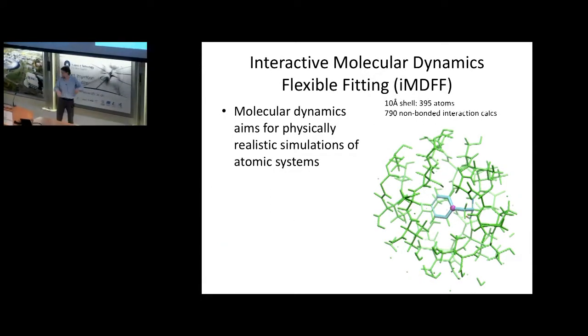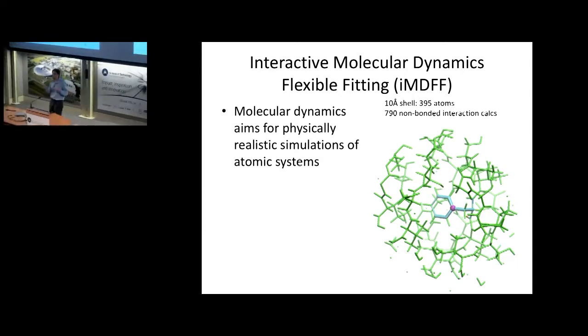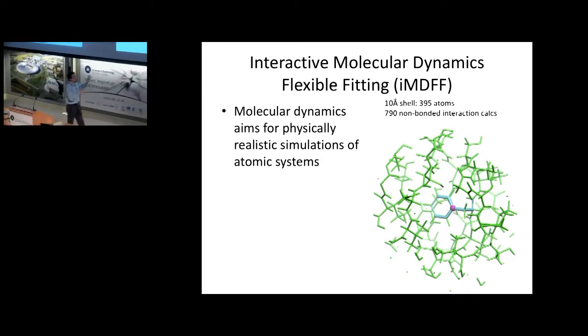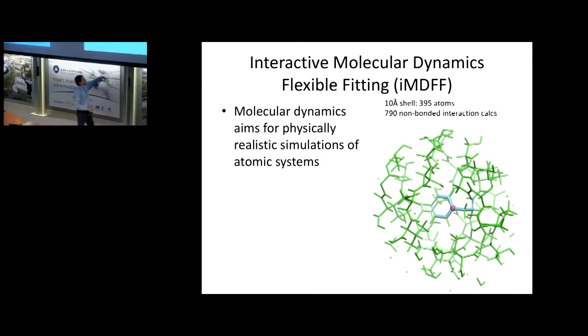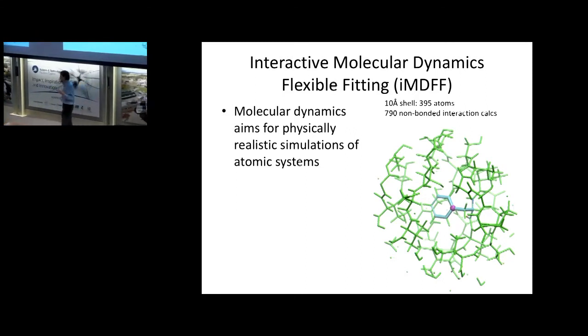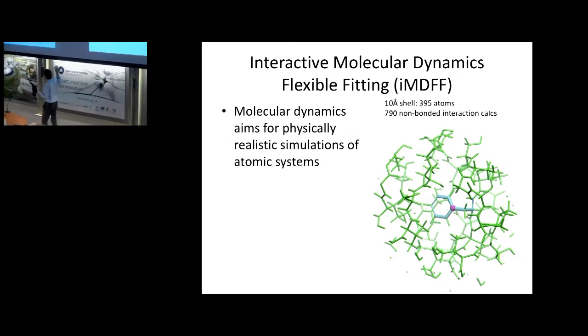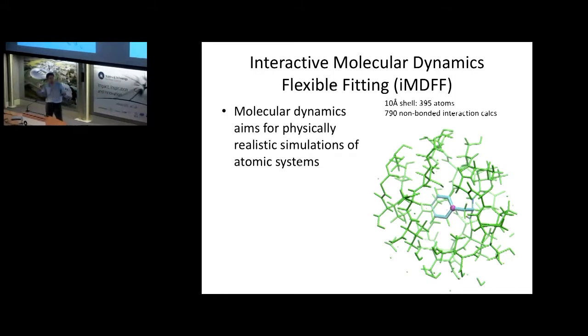And the approach I've been working with for some years now is molecular dynamics flexible fitting, but in particular turning it into something interactive. So with molecular dynamics, now you're including the non-bonded interactions around this atom. And computationally, this is a challenge.